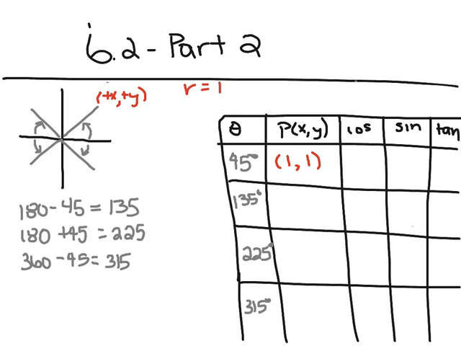For 135, our x is going to be negative and our y is positive. For 225, they're both negative, so we have negative 1, negative 1. And for 315, x is positive and y is negative. So 1, negative 1.